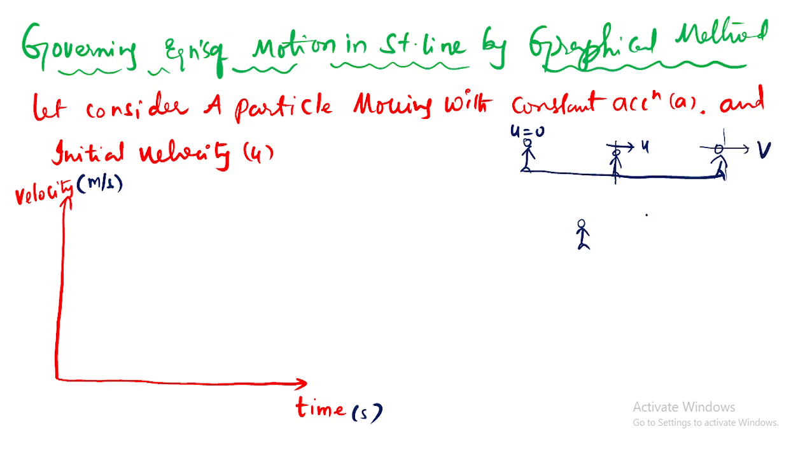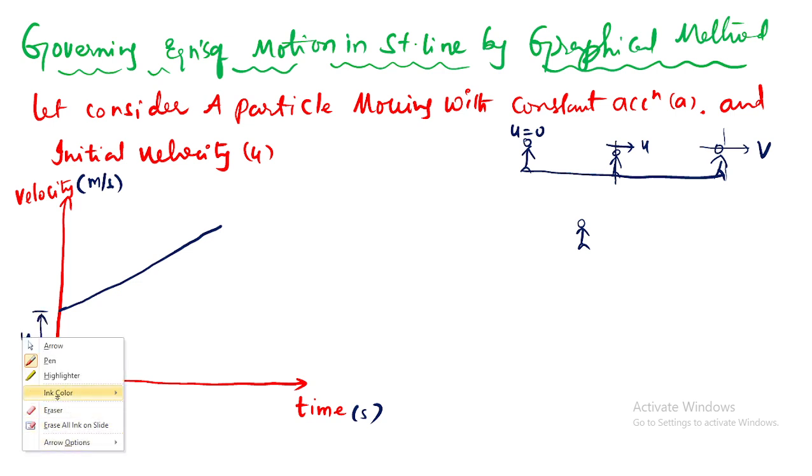Right? Are you getting my point here? So now the graph, if I try to show, I will not show it from 0, but from some quantity, and it is varying like this. Constant acceleration. Right? So initially, from here to here, the velocity value is the initial velocity u.